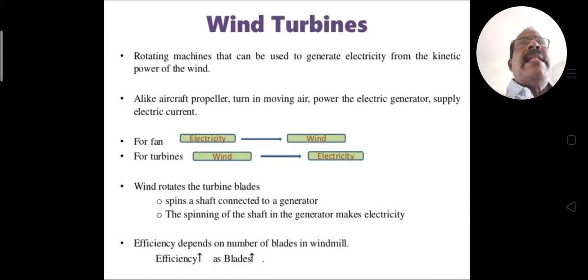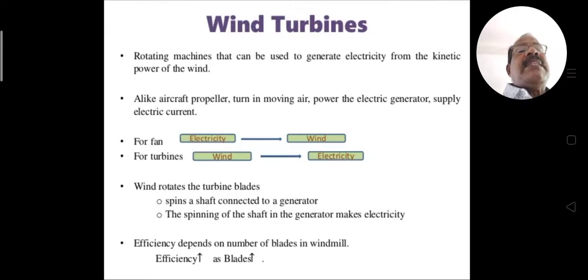Now, in this chapter, we are mainly learning about wind turbines. That means wind energy is converted into electrical energy using wind turbines.